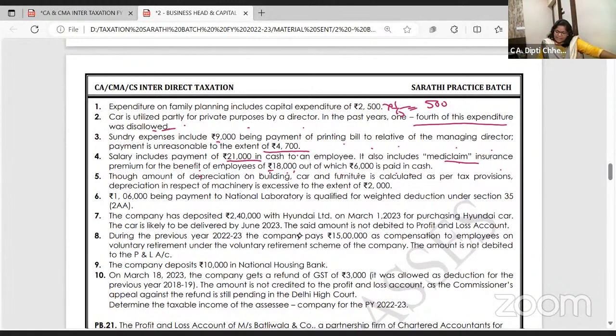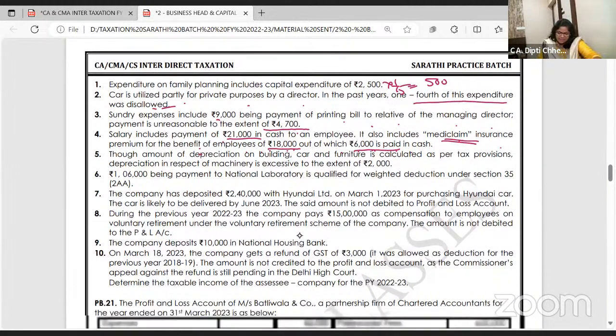If you have paid 18,000 as Mediclaim, but 6,000 you have paid in cash, how much will be disallowed? 6,000. Ma'am, but 6,000 is less than 10,000. I know. But insurance related, 1 rupee also is not allowed if it is paid in cash. Group insurance, health insurance, life insurance, all you need to pay by cheque.